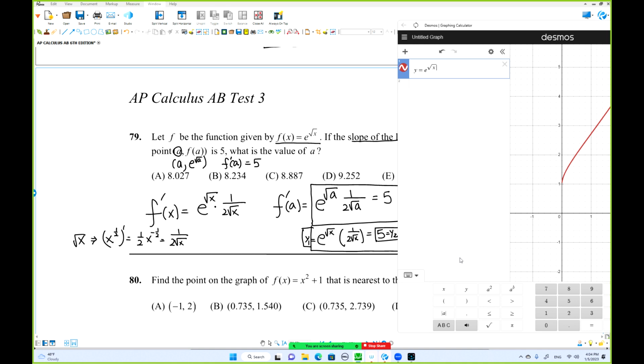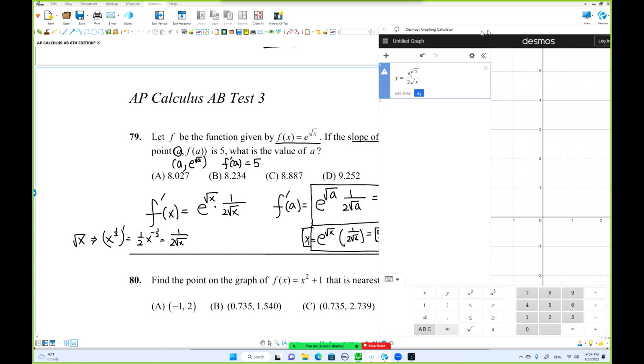And times 1 over 2 square root x. Okay? Do we have a graph there?